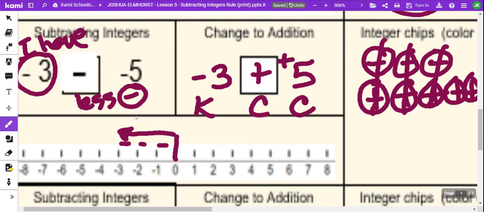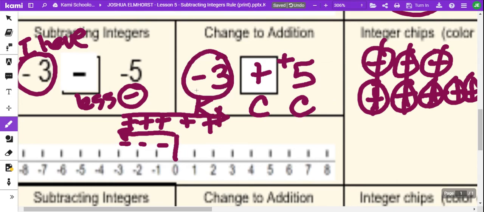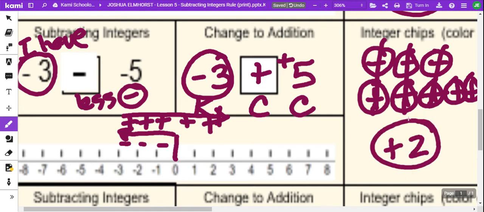So if you're -3 and then you're getting more positive, you're going to end up on the positive side of 0. So you were -3 and then you went more positive, you're going to end up at +2. You're going to be left with, I have -3 and I took away 5 negatives, so now I have 2 positives.